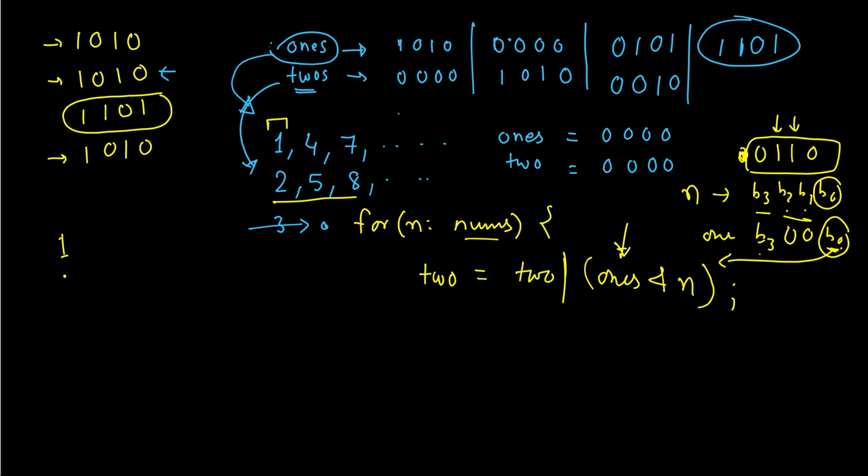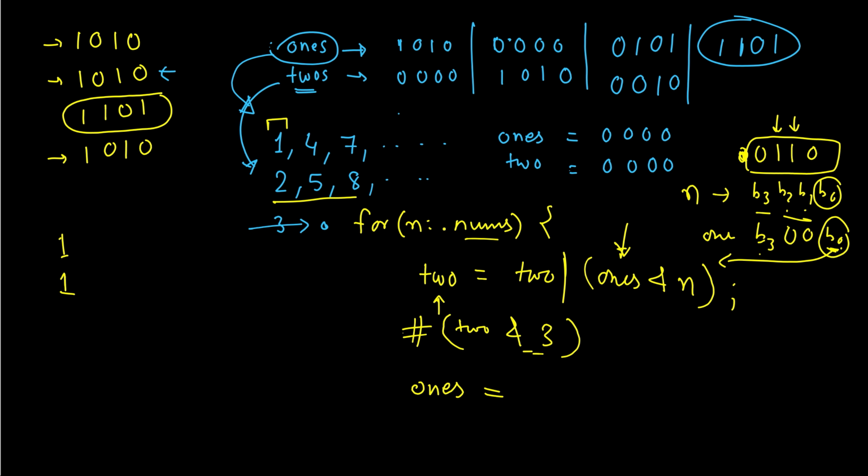So in twos it's still 1. It should have been 0. So now twos contains the bits which have occurred twice and thrice, both. We will get rid of this soon. First, let's see how ones will be updated.